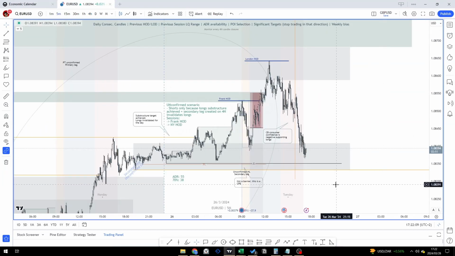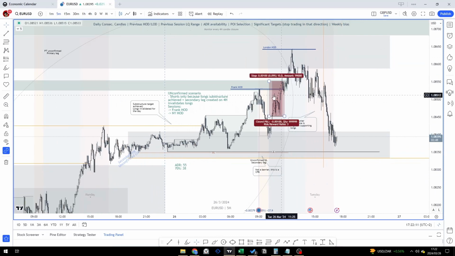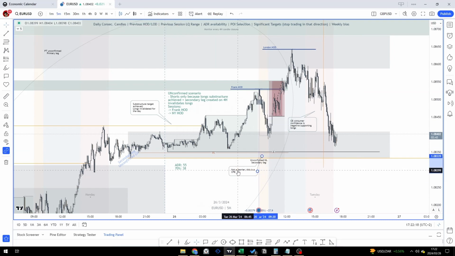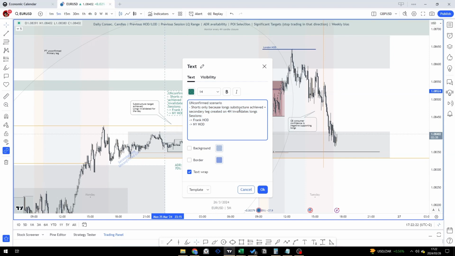So you'll recall from the New York session, I said that I made a mistake and I didn't take this barrier into account, and that's the reason why I said that the trade I took was invalid.